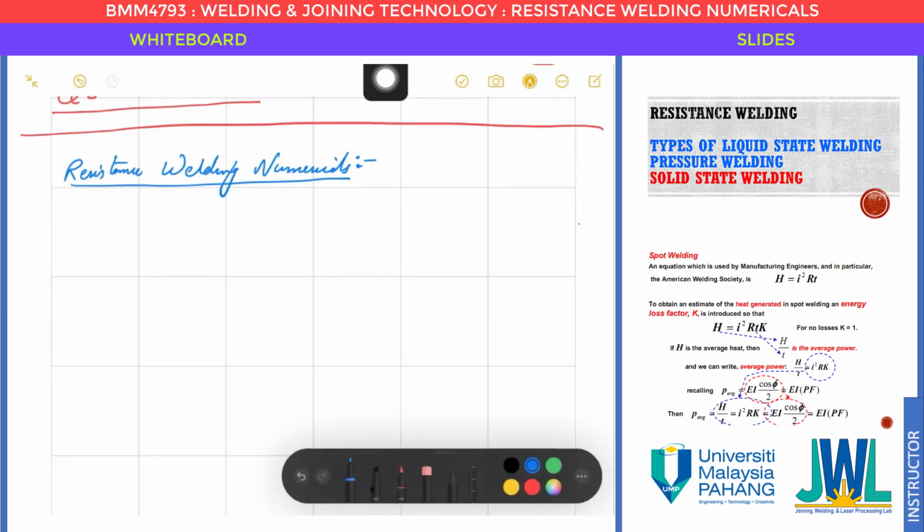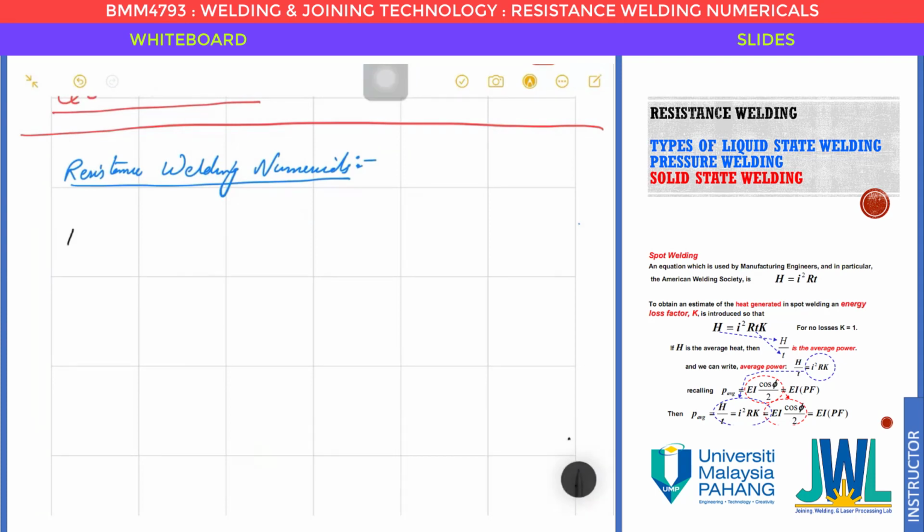So the heat generated during resistance welding, H is equal to I square R times T, where H is the average heat and the unit of energy is joules.